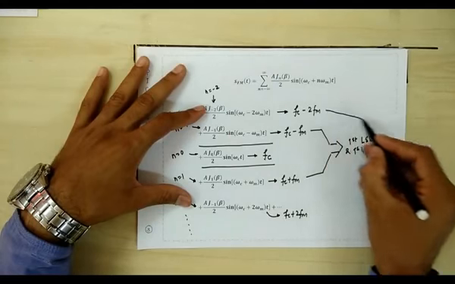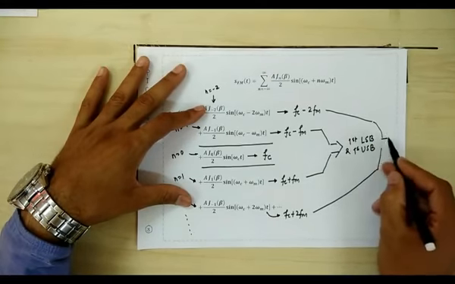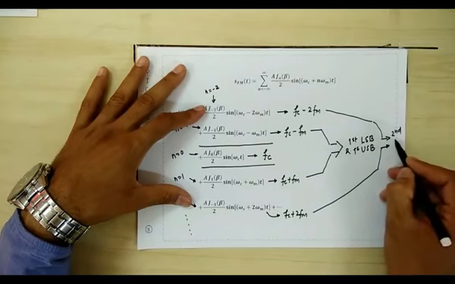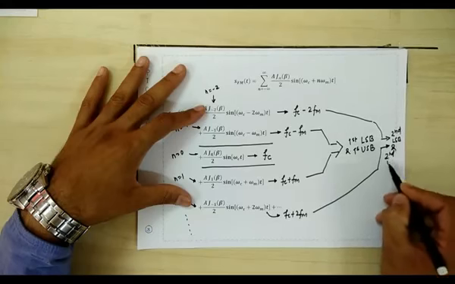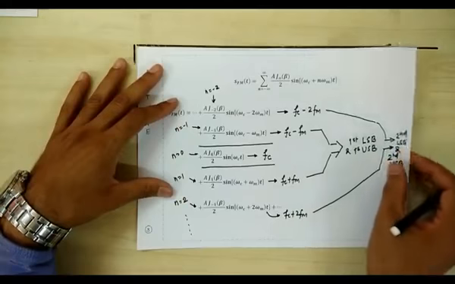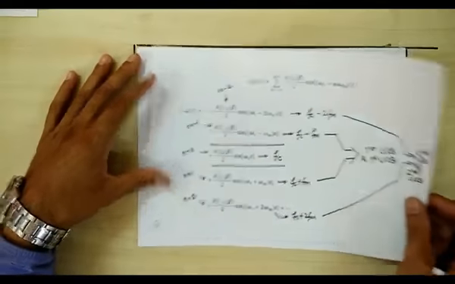And this is my second lower sideband and second upper sideband. So these are the basic equations that we have to observe.